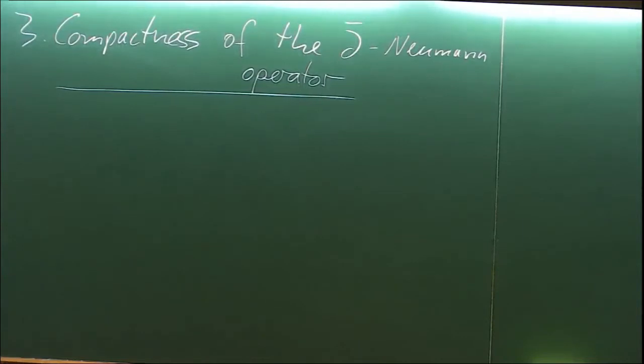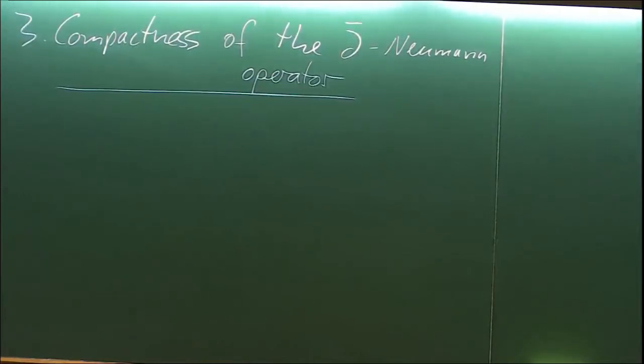Well, so one reason why compactness is interesting, other than, if you're an operator theorist, it's interesting by itself, is that for a long time this was a main avenue for establishing this.